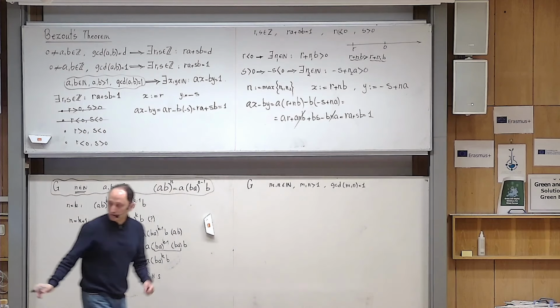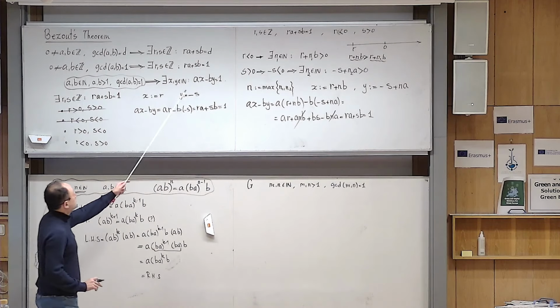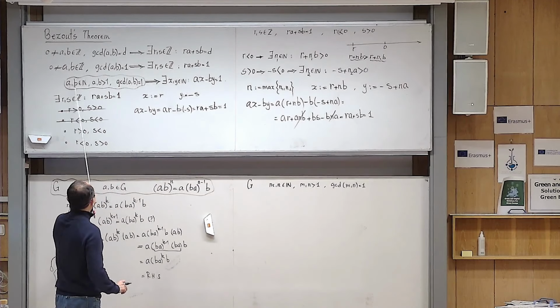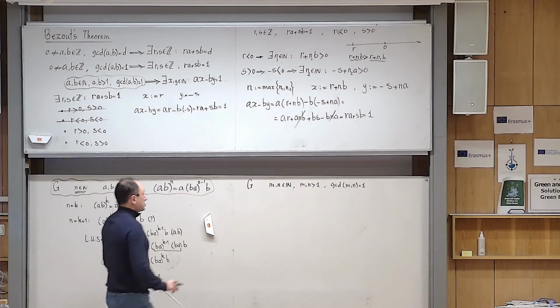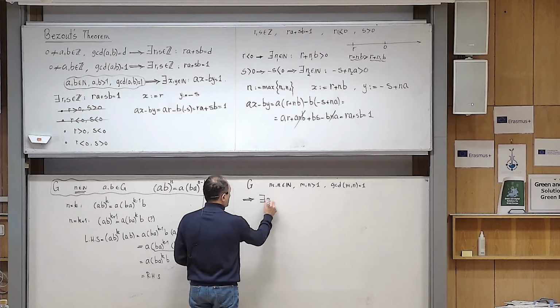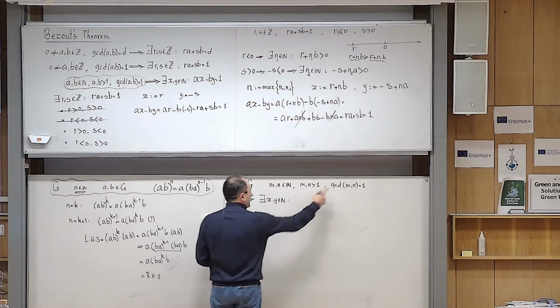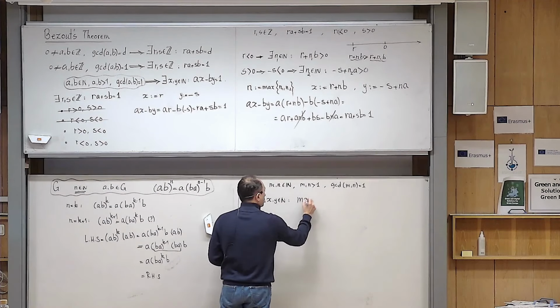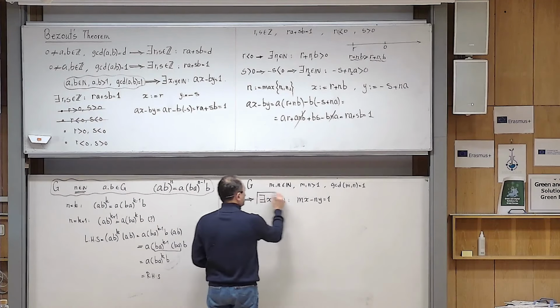So what I will do, I will use that version that you see on the board, but instead of a and b, of course, I have m and n, but the conclusion is the same. So I can immediately conclude the existence of two natural numbers x and y, so that mx minus ny is equal to 1. So this we know.